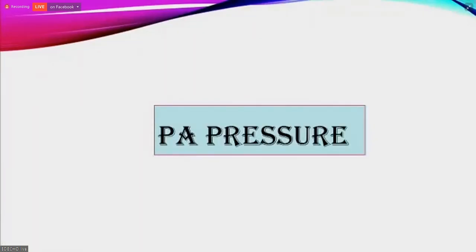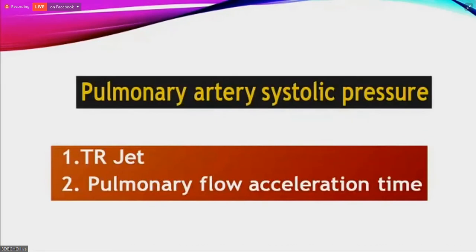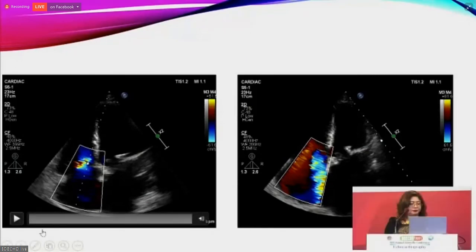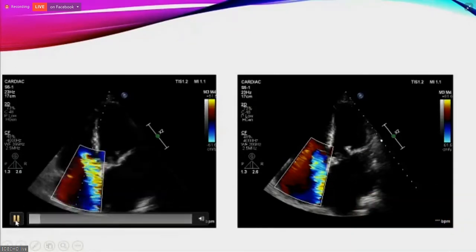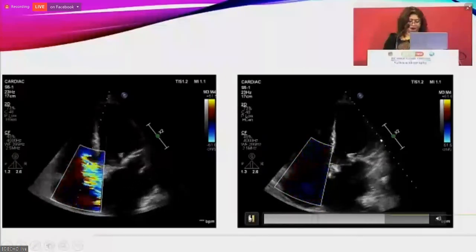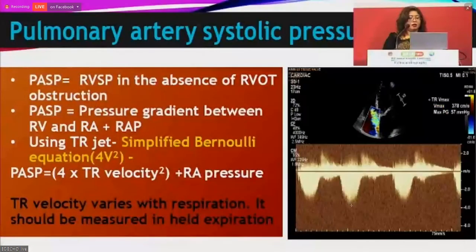Now comes the pulmonary artery pressures. Pulmonary artery systolic pressure is measured from the TR jet, we all know, and also from pulmonary flow acceleration time. Here we can see the large TR jet.